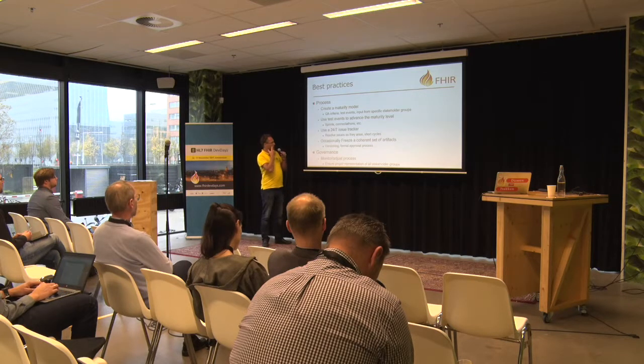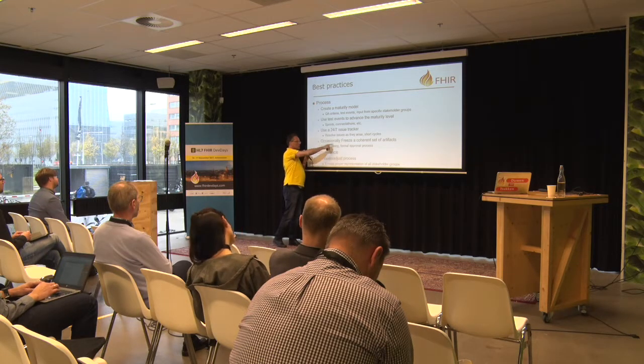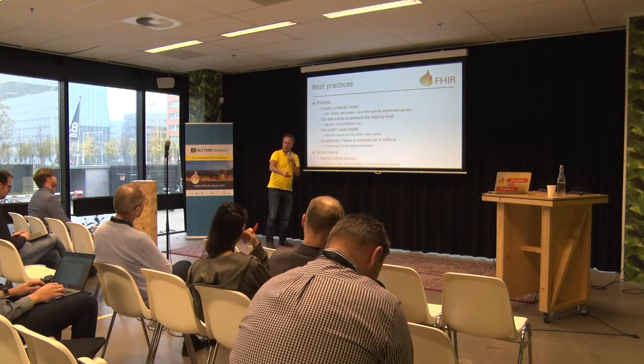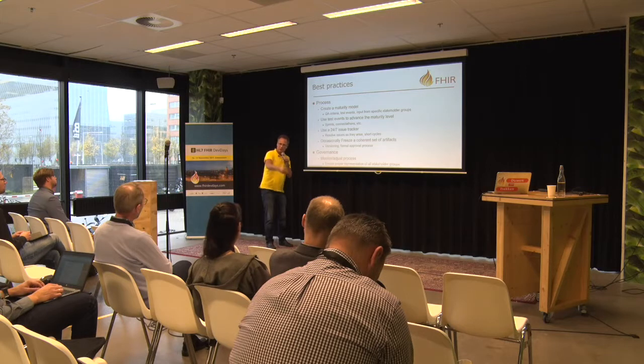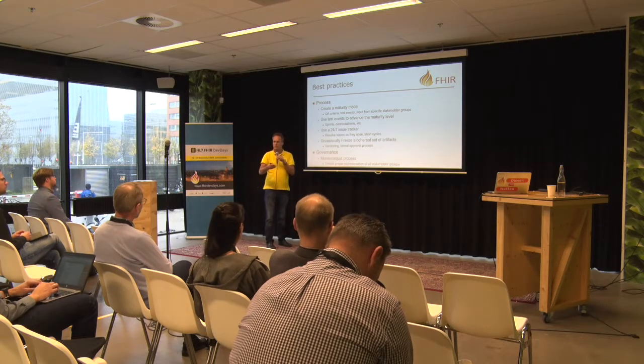Certainly seems to be something that's very common to all of these processes, and at some point in time freeze some sort of coherent set of artifacts. So if you have a set of stable artifacts that jointly can be used, let's say, in the context of an implementation guide, then that's when you do a freeze.